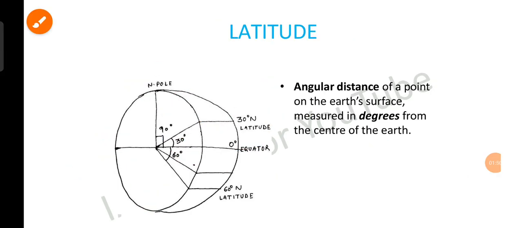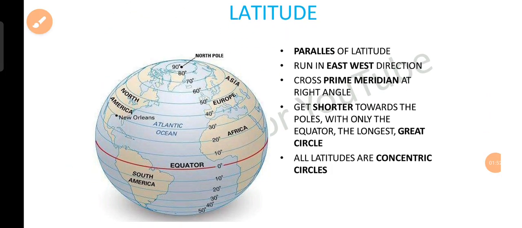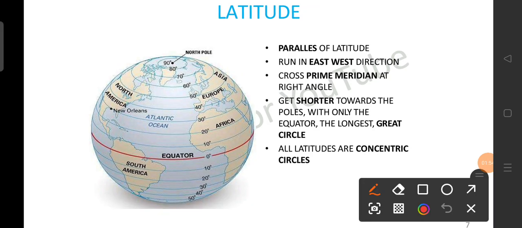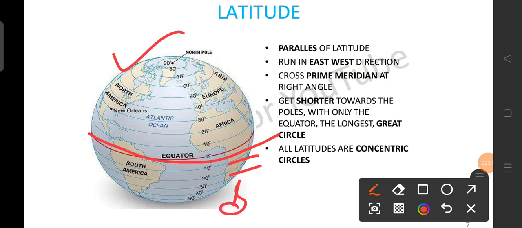And we move further and see, this is our Earth and here it is the equator, 0 degree, then 10 degree, 20 degree, these are the south and this is north. As we move further from the equator in the north direction, it is north, say 10 degree, 20 degree north.